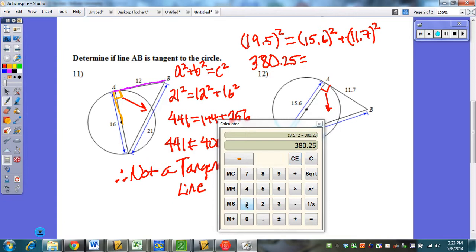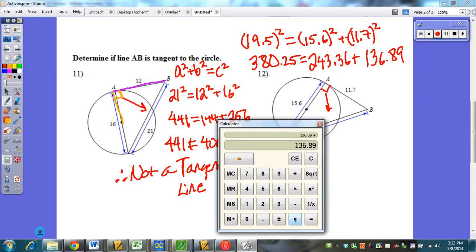And if that equals 15.6 squared, 243.36 plus 11.7 squared, 136.89, then we have a deal. So 136.89 plus, actually we want to go back. Nope, can't do that.